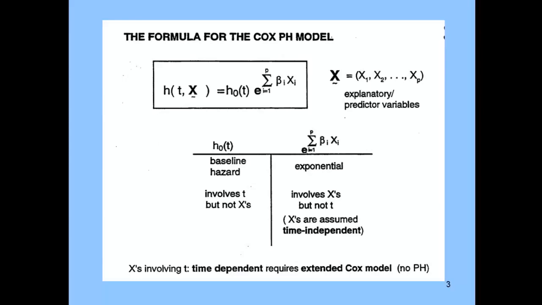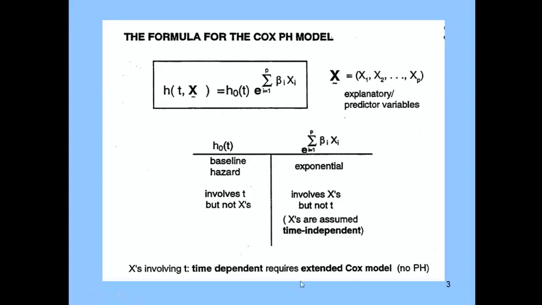So we're treating the age at the start of the study as being fixed. Even though the person actually changes in their age, we're treating it as time independent because we're not worried about how it changes. So the X's in a Cox proportional hazards model are assumed fixed, even though in fact inherently they might be time dependent.